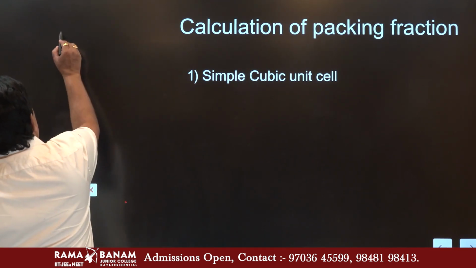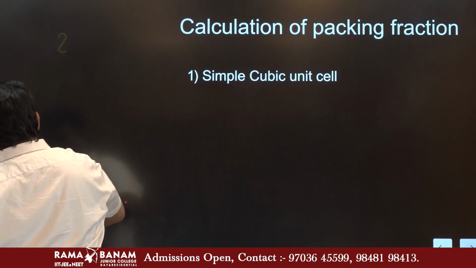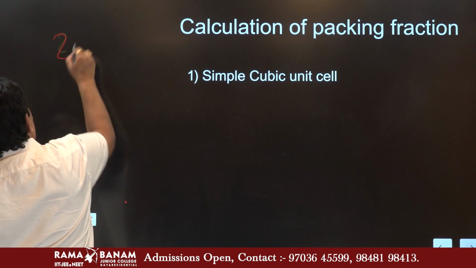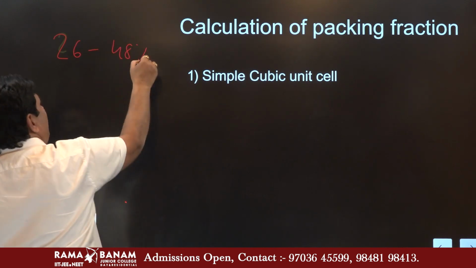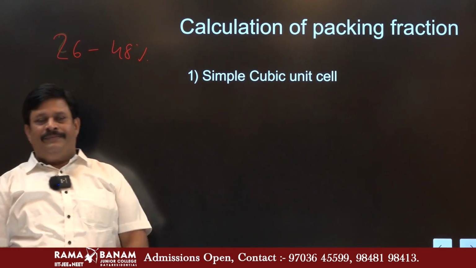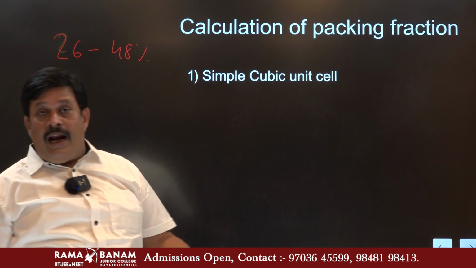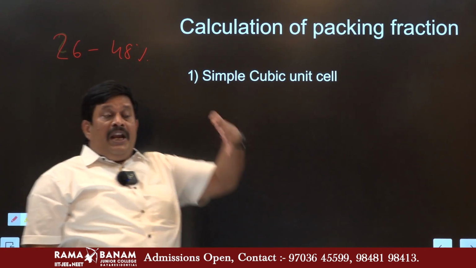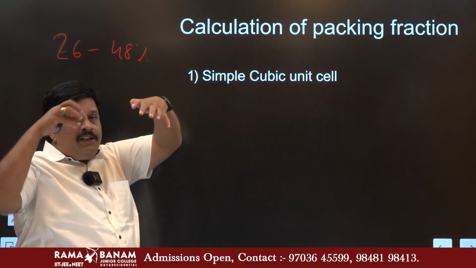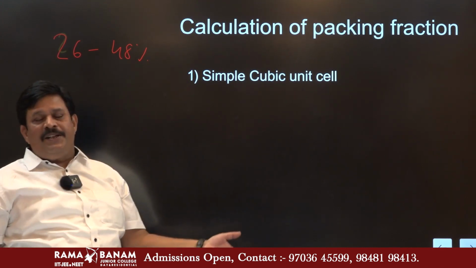Nearly 26 to 48% is vacant space in different solids. Because we discussed that in the lattice, in solids particles are present only in some specific positions, the remaining space is vacant space.